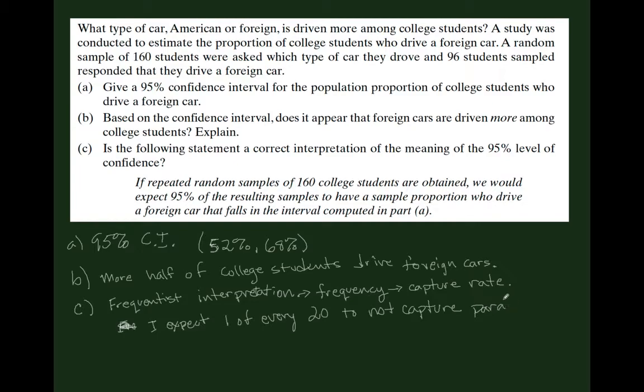In this case, the parameter of interest is the population proportion. So did we capture the proportion with this confidence interval? Most likely. Do we know if we captured it? No, we don't know that. We do not know if we captured it for sure.